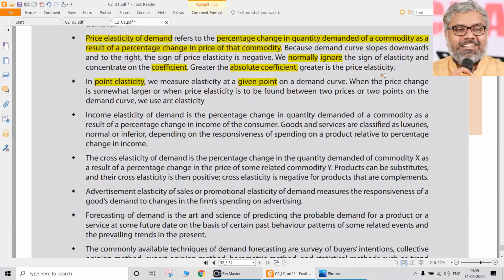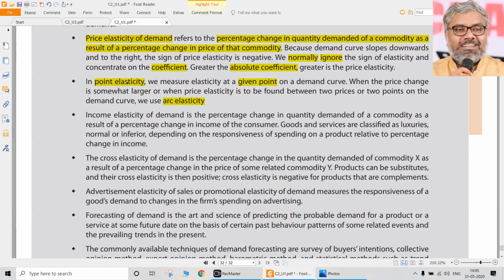However, when the price change is somewhat larger, or when the price elasticity is to be found between two prices or two points on the demand curve, in that case we better use arc elasticity. So this paragraph itself indicates a simple thing: when point elasticity is used, when arc elasticity is used.